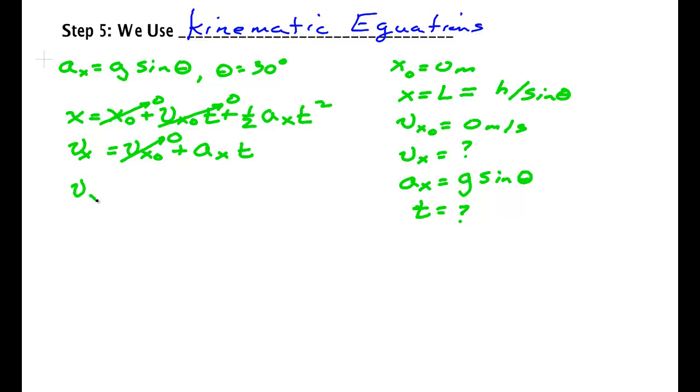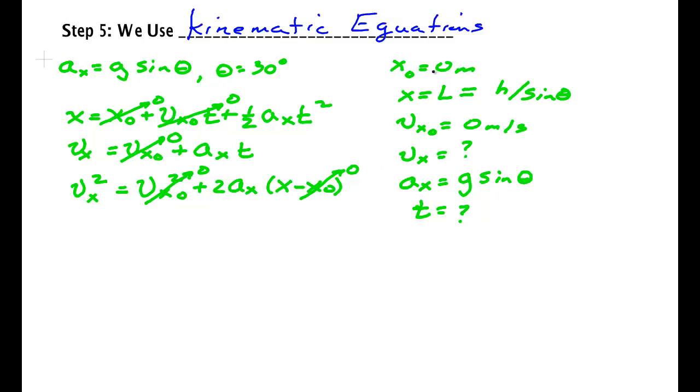And the final speed squared is equal to the initial speed squared plus 2 times acceleration times the change in x. And again, I can simplify that equation some. So these are the setup of the problems, and now I need to actually work this just like I would have worked any problem back in chapter 2 in one-dimensional motion.